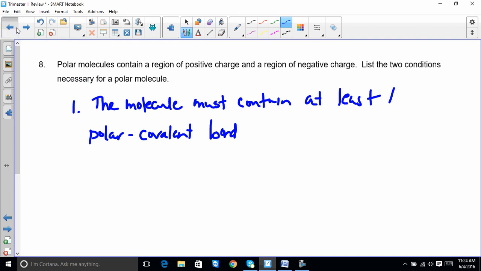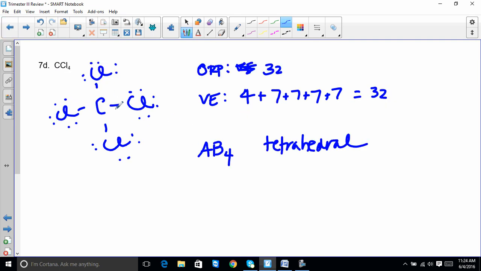going back, let me just go back to this one. These are the bonds, these lines, and so if you looked up these electronegativities, carbon and chlorine, and subtracted it, it would have to be bigger than 0.3 and less than 2.